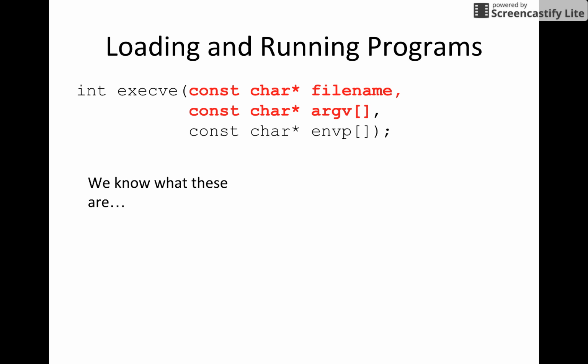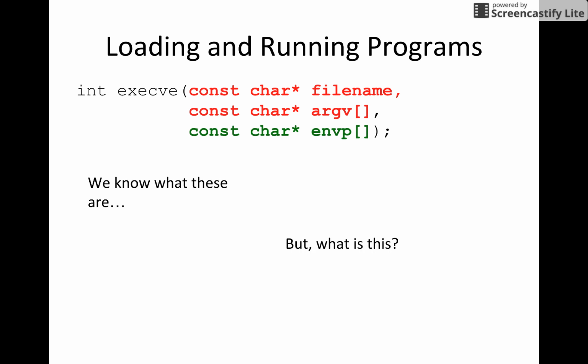Main being that function that is the entry point to our C programs, main takes an array of character pointers, which is essentially an array of strings, where its 0th element is the actual program that is being executed. Execv is similar, however, its first parameter is the file name, and then the rest of the parameters that are to be used to execute that program are stored in argv.